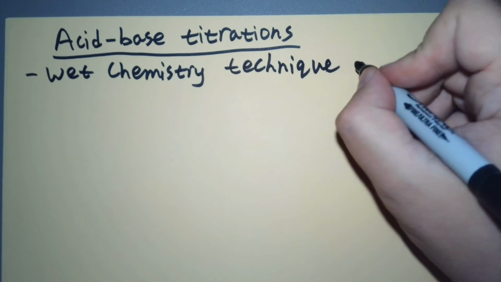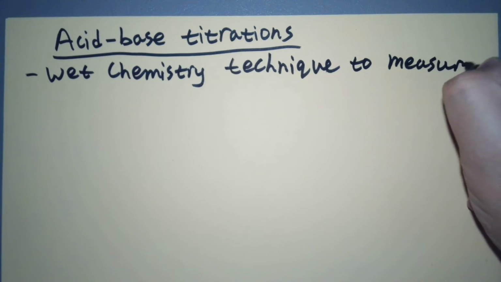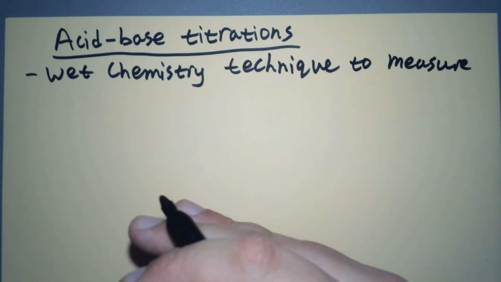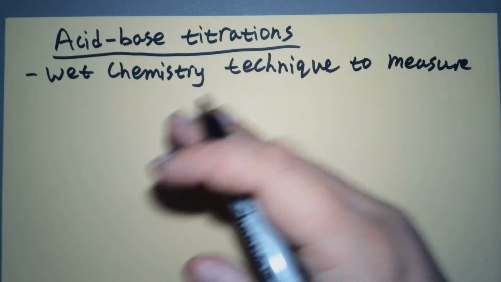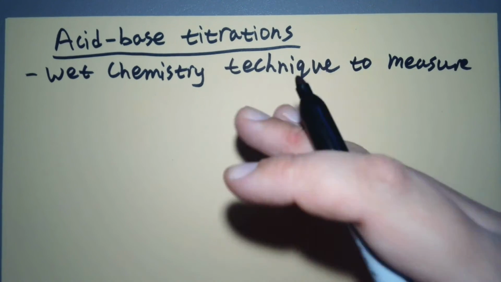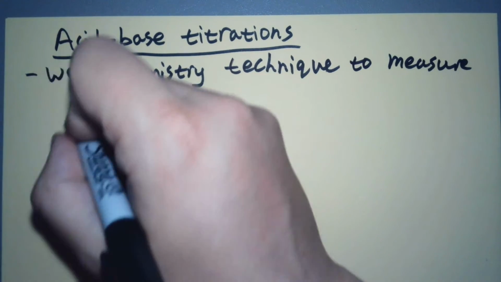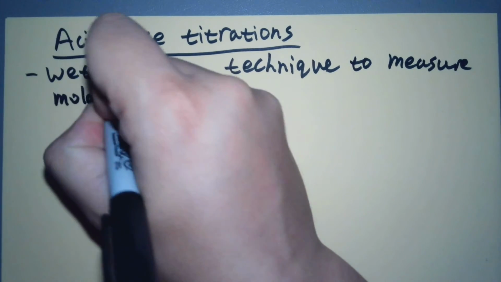And what we can do with this technique is we can use it to measure the molarity of acid-base solutions. If we don't know the molarity or we don't know it very well, we can use this to get a very specific value on that molarity, the concentration.